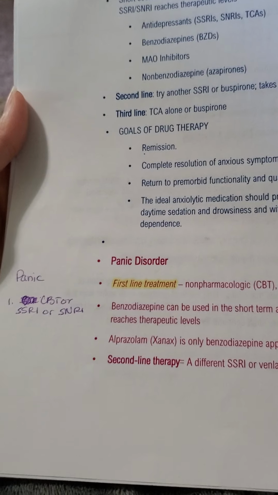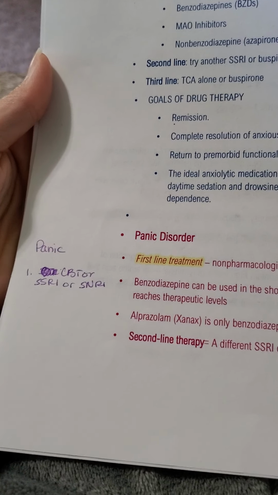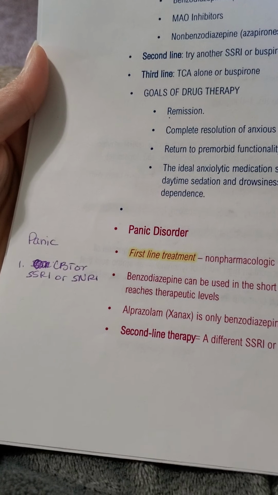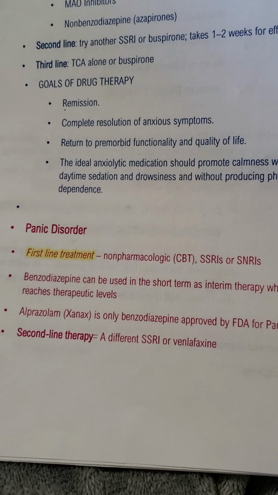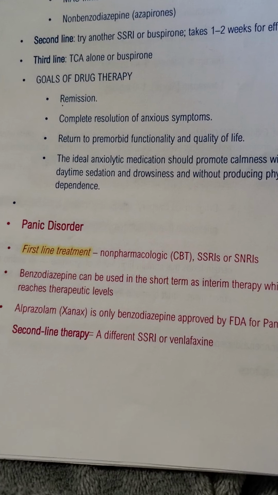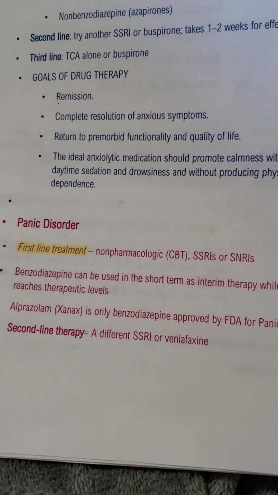Next is panic disorder. Treatment is CBT or SSRIs or SNRIs. First treatment is non-pharmacologic CBT, SSRI, or SNRIs.